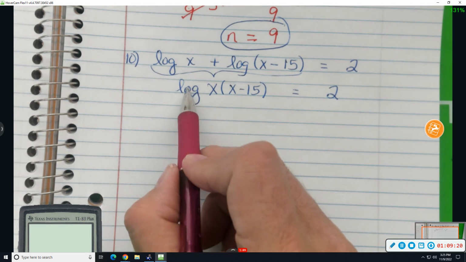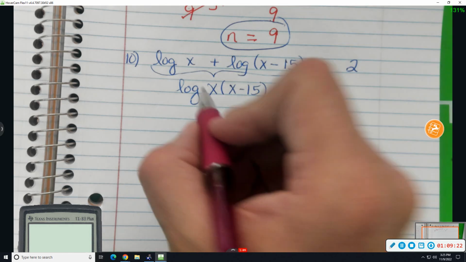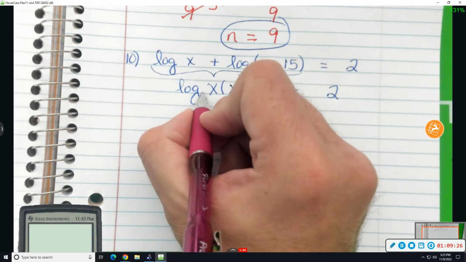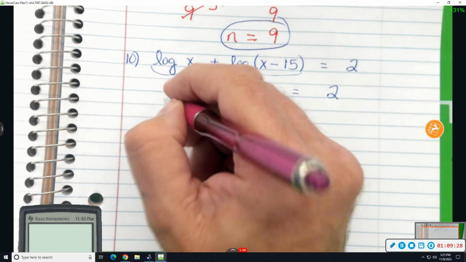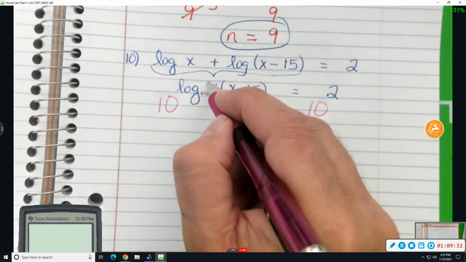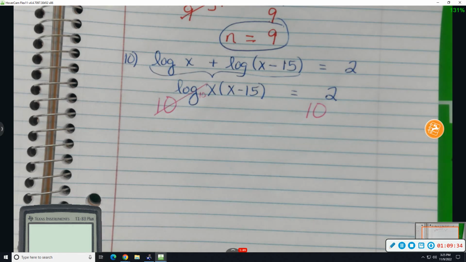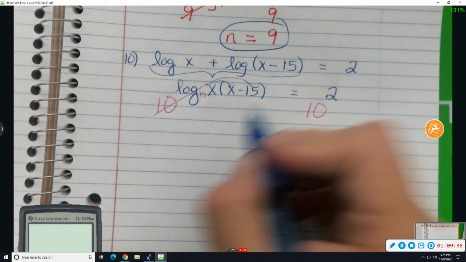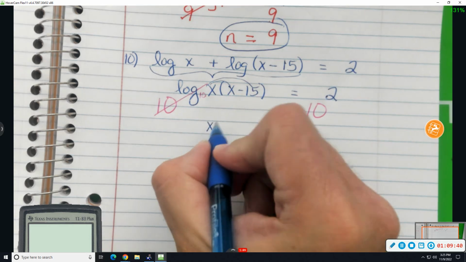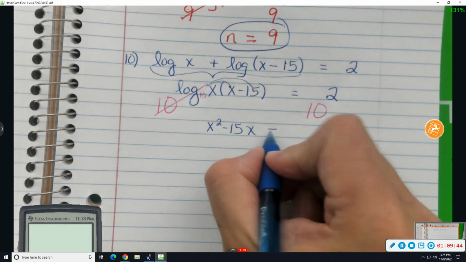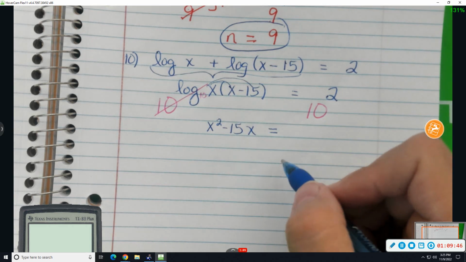This is one of those where it just says log and doesn't state the base. What base do we assume is there? 10. So I'll put a 10 on each side. And then what do we have? x squared minus 15x equals 10 squared.